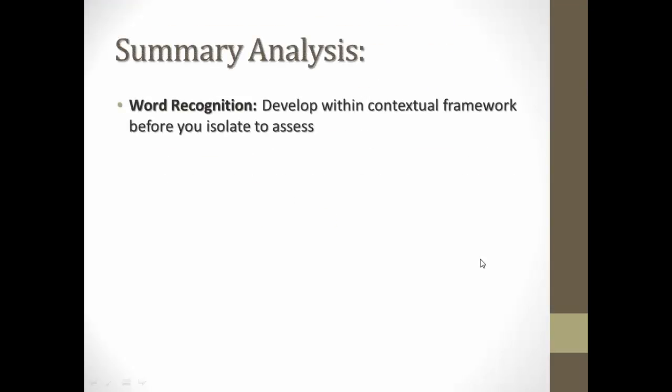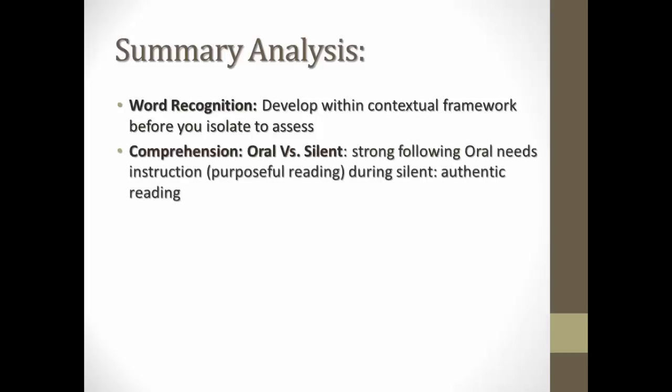So our summary. Word recognition. Develop this within a contextual framework. Don't isolate. The only time you isolate, folks, is when you are assessing. Comprehension, oral versus silent. Very strong following oral. But instruction in the form of purposeful reading has to follow or be developed during silent reading.